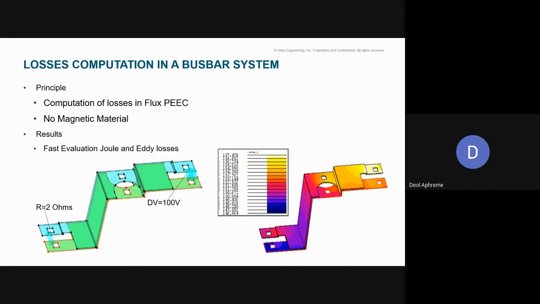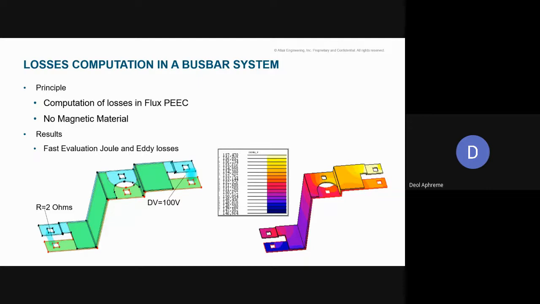Lossless computation in the bus bar system is very important, simply because, like I said before, the bus bar can throw a wrench into your perfectly oiled machine if it doesn't function appropriately. So although there is no magnetic material in the region, it's just an electric problem, at the joints where you're connecting your conductor to the bus bar, you want to see the dissipation of energy from one point to the other.